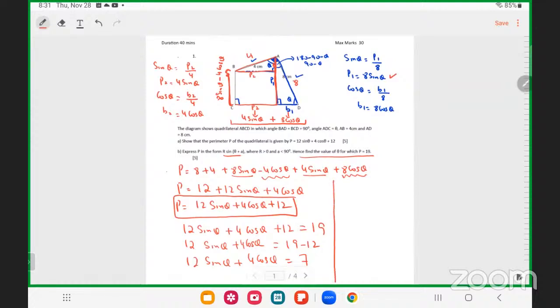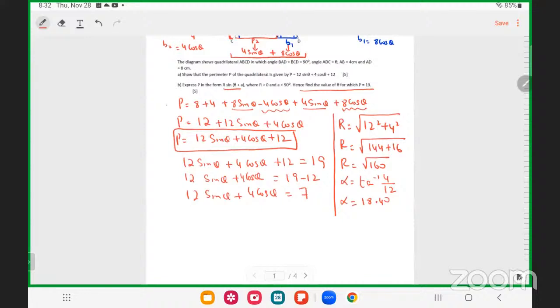Now this has become a harmonic trigonometric identity question. So I will find R, which is the square root of 12 squared plus 4 squared, 144 plus 16, under root of 160. The angle is tan inverse of 4 upon 12, which is 18.4 degrees.